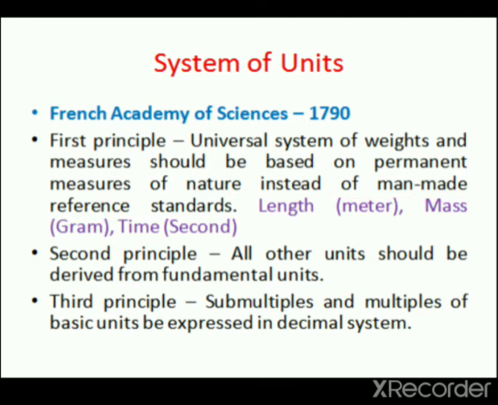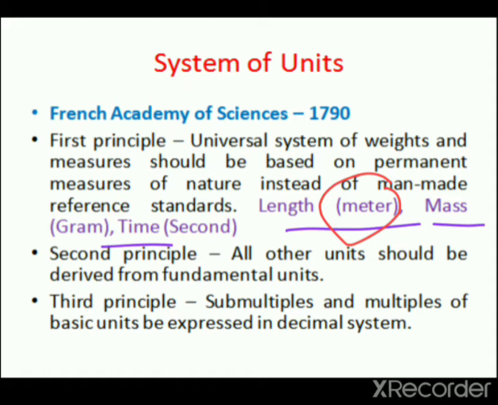According to this principle, any physical quantity can be expressed by three fundamental units, that is length, mass and time. The unit of length is chosen as meter, which is defined as a 10 millionth part of the distance from equator to pole along the meridian passing through Paris.